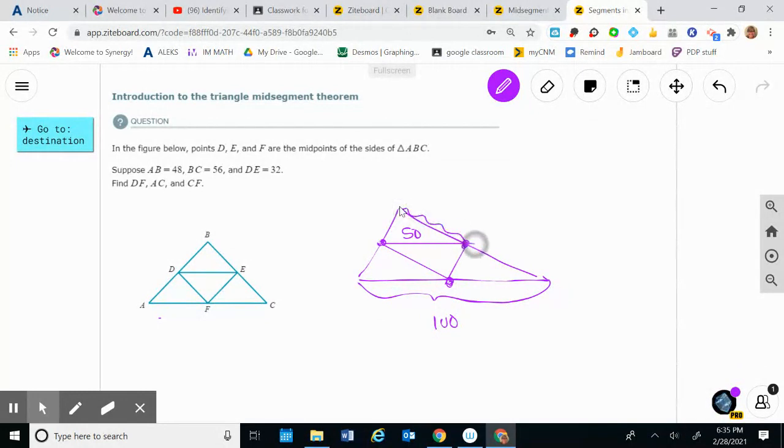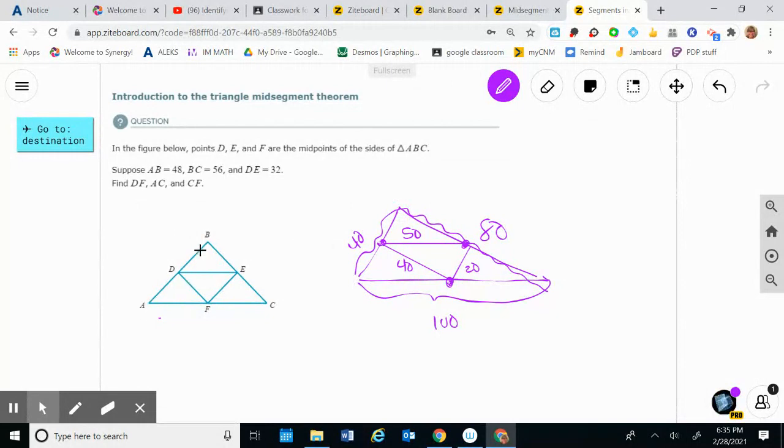If this were 80, this would be 40. If this were 20, this side would be 40. Okay, so that's all you have to do.